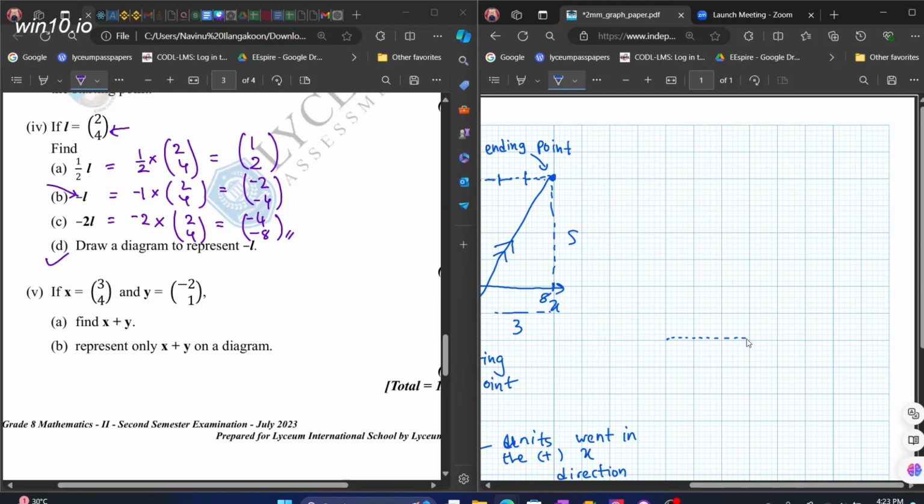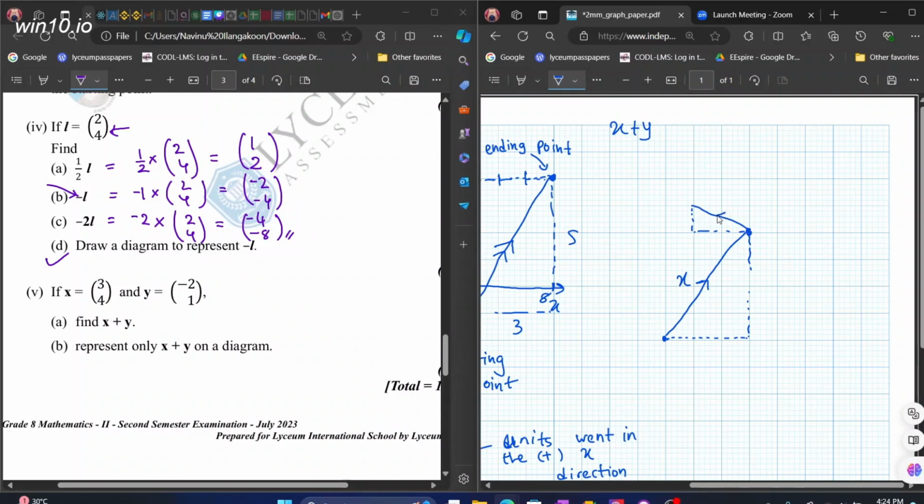So this is 3 starting from here, 3, 4. So our vector is this. This is x. Then if we want to find x plus y, what do we have to do? We start drawing the next vector from the endpoint of the first vector. So this is the endpoint. So x is this. Now we start drawing the y from here. So (-2, 1).